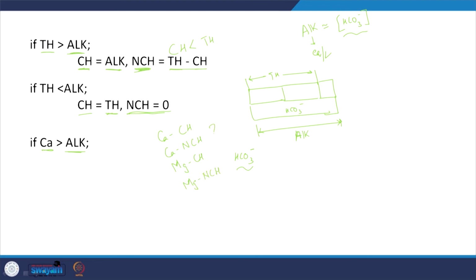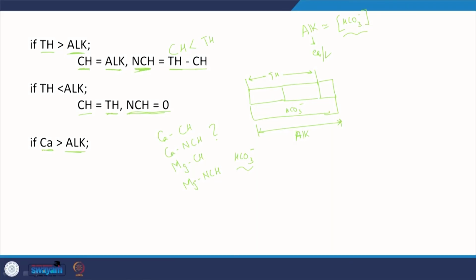First, why do I need to understand this or even the previous aspects? Because the way that I am going to remove calcium or magnesium depends upon the type of ion that it is associated with when we talk about hardness. Is it carbonate or non-carbonate hardness? That is why I need to be able to understand whether it is carbonate or non-carbonate hardness. So, if calcium is greater than alkalinity, right.